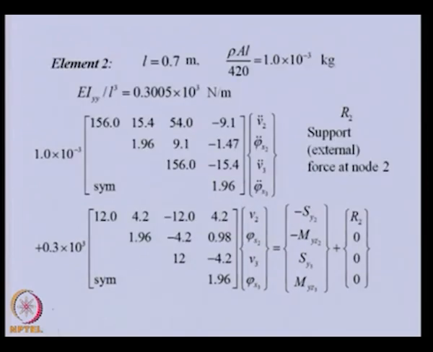Similarly for element 2, because the element length is different, we will have properties like this. In element 2 there is no concentrated mass, so the mass matrix and stiffness matrix will be like this. In this particular case, this is the reaction torque or reaction forces.